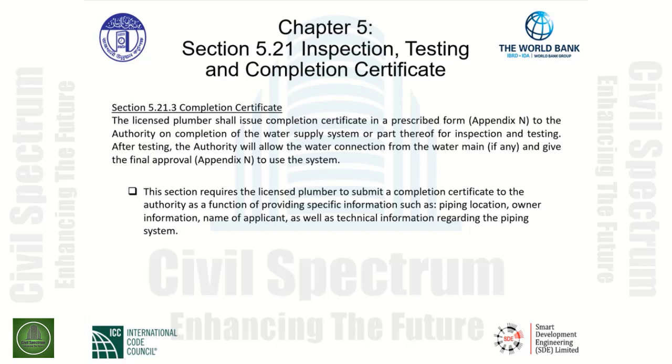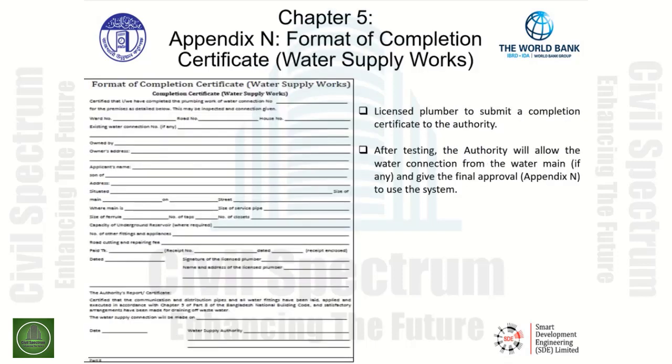This section requires that the licensed plumber submit a completion certificate to the authority as a function of providing specific information, such as piping location, owner information, name of the applicant, as well as technical information regarding the piping system. And again, the reference to Appendix N is given in this section for the completion.